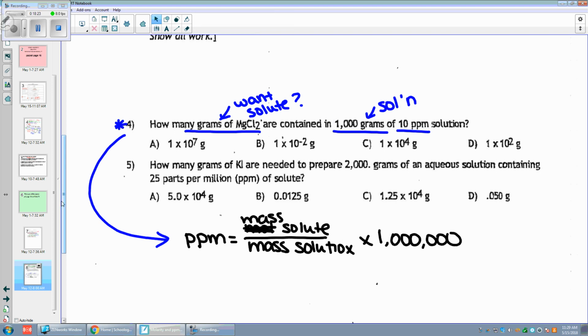So let's see what I have. I know it was 10 parts per million, so 10 equals my mass of the solute. I don't know, it's X. My mass of the solution, just know that's supposed to be an N. My mass of my solution was 1,000 grams.